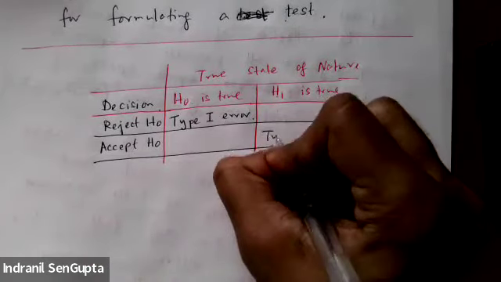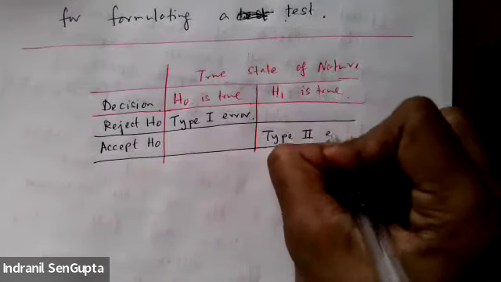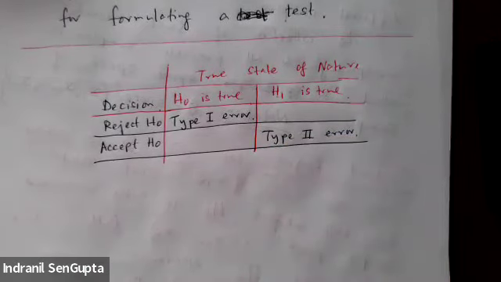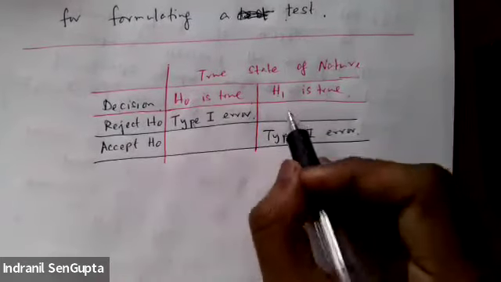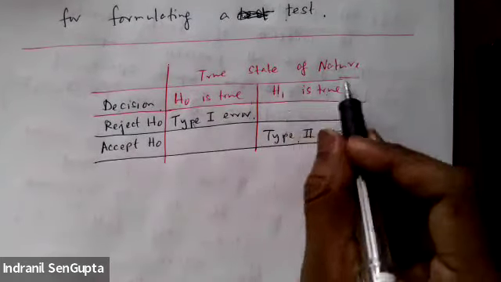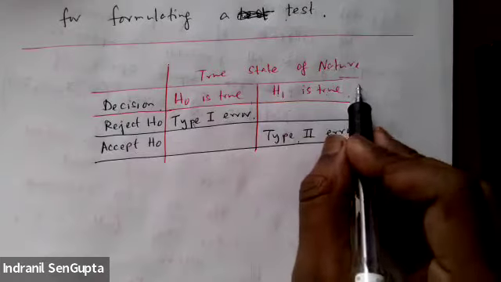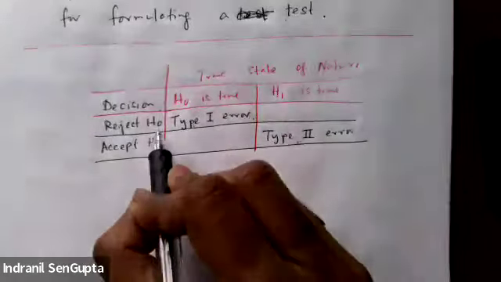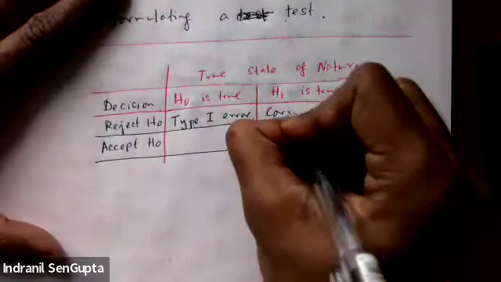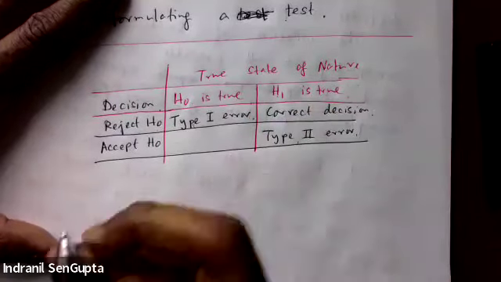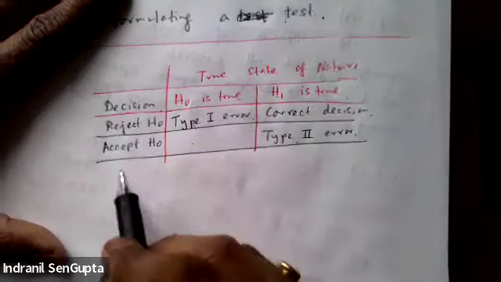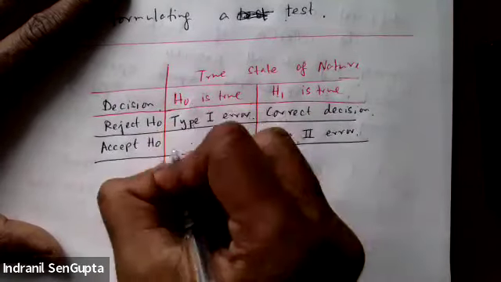This is called a type 2 error. These are the two erroneous decisions. Now, suppose H1 is true, that's the exact state of nature, and we rejected H0 in favor of H1. That's a correct decision, right? Here, H0 is true and we accepted H0. That's also a correct decision.